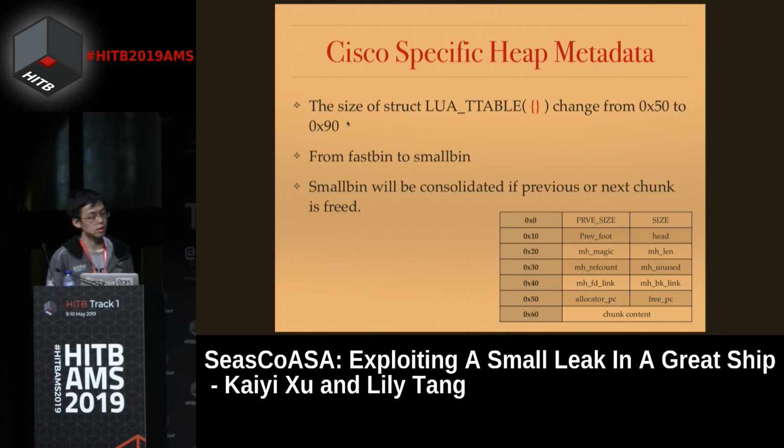However, because of the existence of Cisco specific heap metadata, the size of an empty table will change from 0x50 to 0x90, which means it changes from fastbin to smallbin. The smallbin will be consolidated if the previous or next chunk is freed, and it is very possible that the smallbin will be split into smaller pieces.